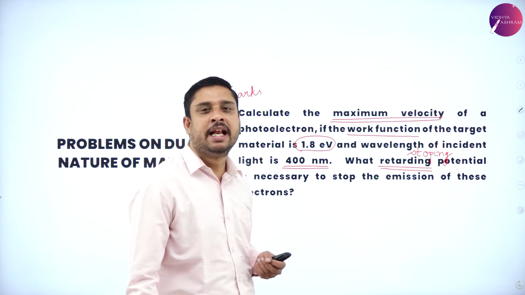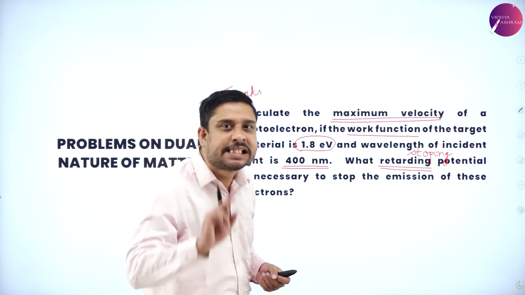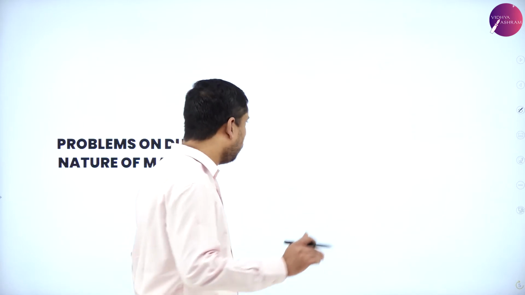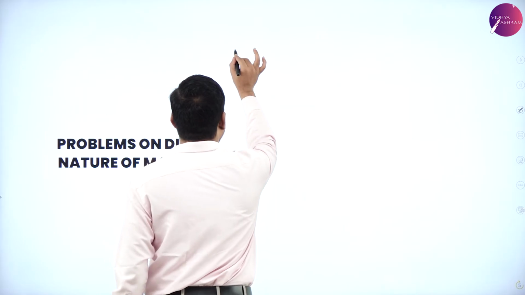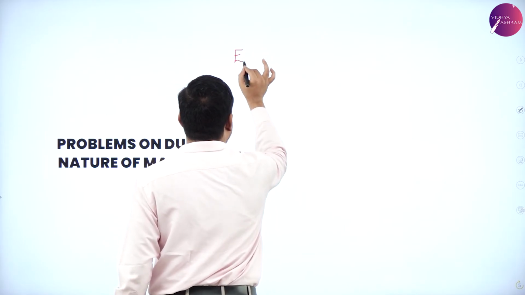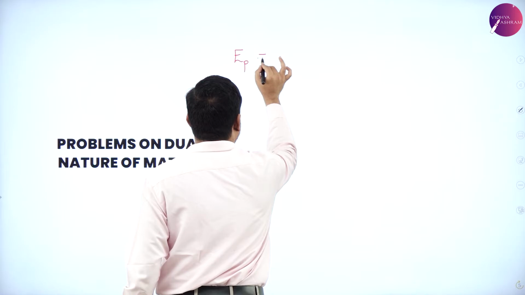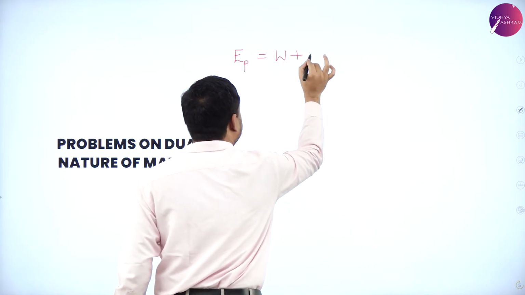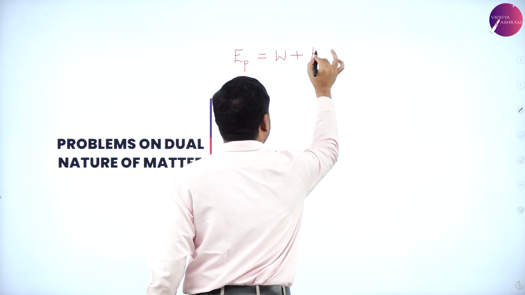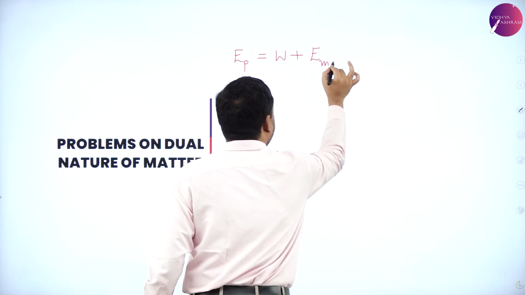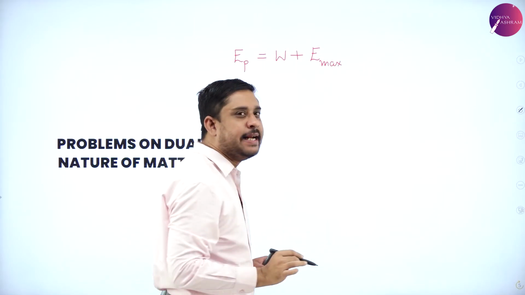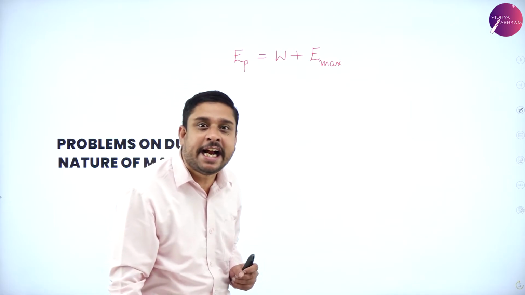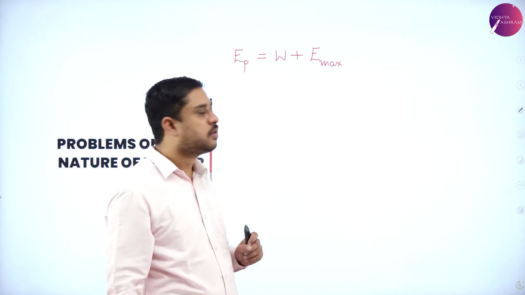As usual, it is from Einstein's photoelectric equation. So Einstein's photoelectric equation says energy of the photon is work function plus maximum kinetic energy of the liberated photoelectrons.